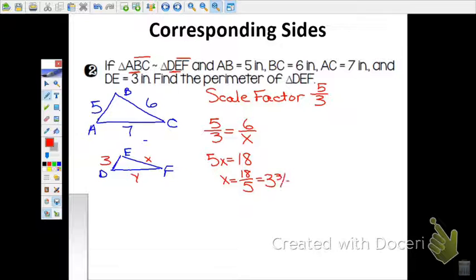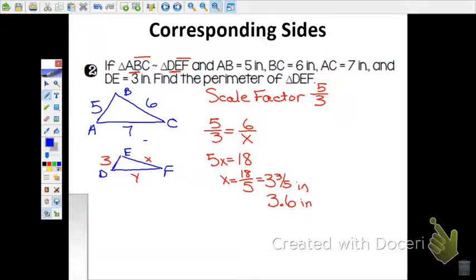So you can leave it as 3 3/5. This does become a decimal, 3.6 inches. So you could write it either way because it is an ending decimal. Okay, so that's our X.